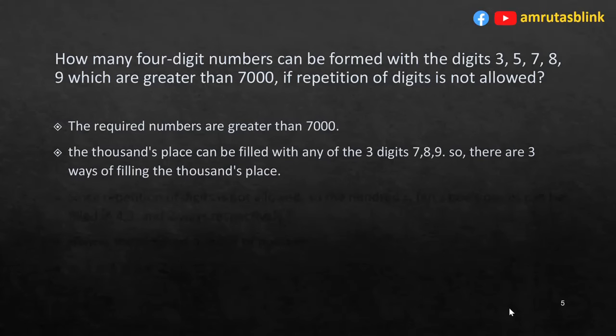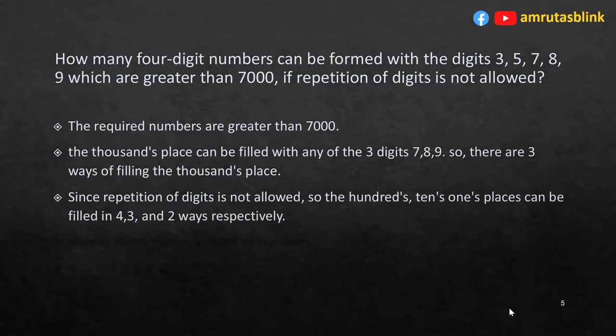So we can fill 7 at the thousands place and even 8 and 9. Obviously if we fill 8 and 9 at the thousands place, then the number will be greater than 7000. So there are 3 ways of filling the thousands place.